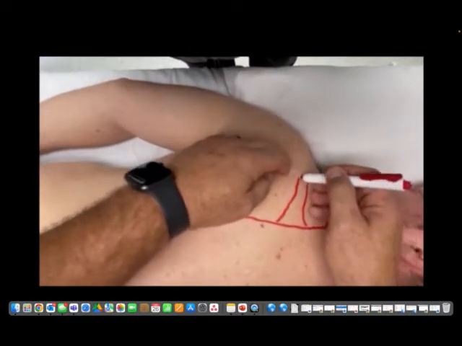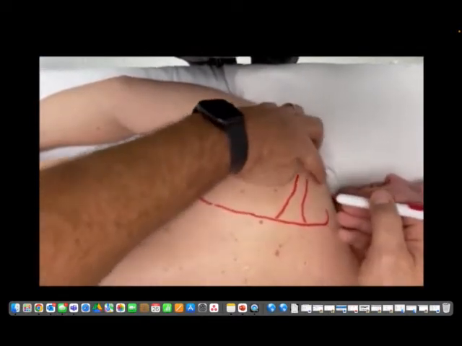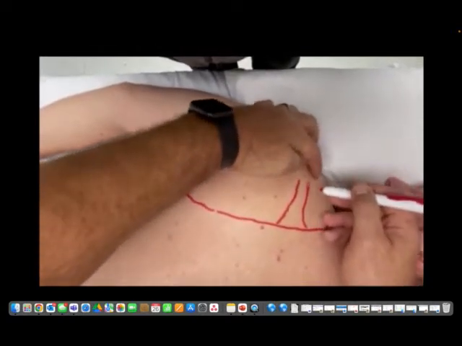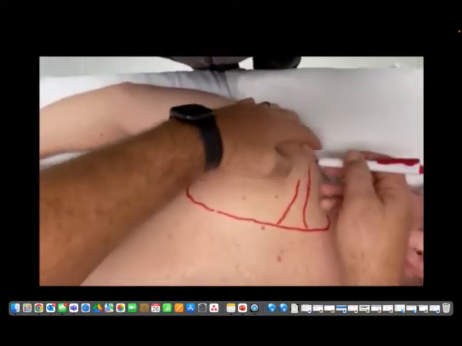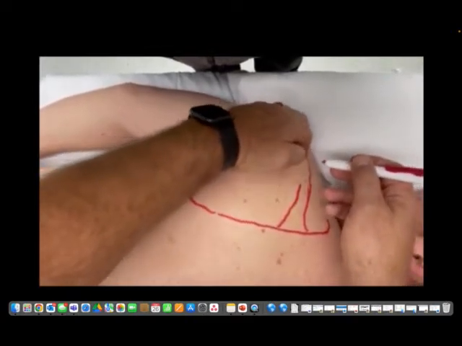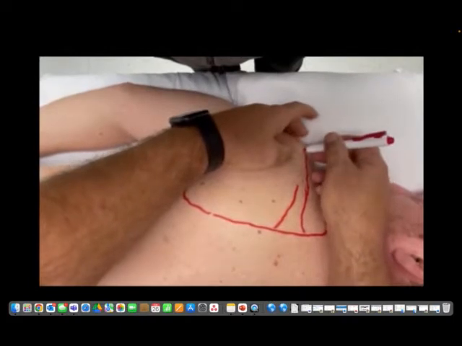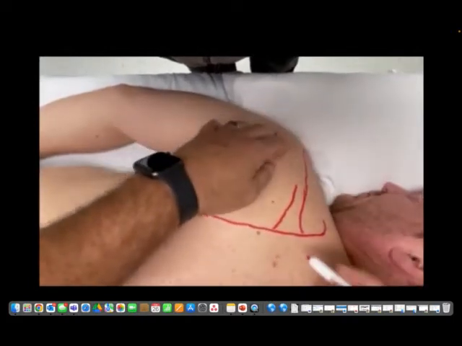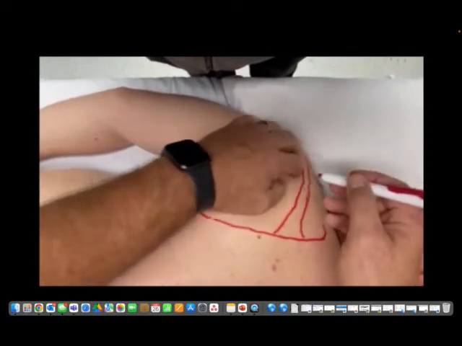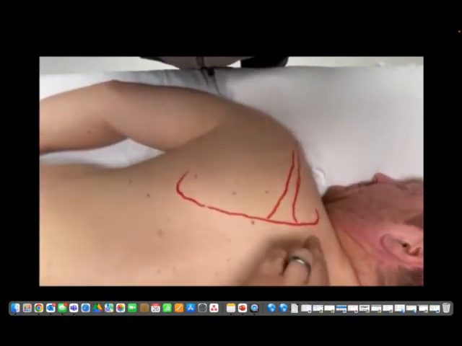Okay, we can follow the upper on out to the acromion itself. It's similar with the inferior border. So we talk about T1.